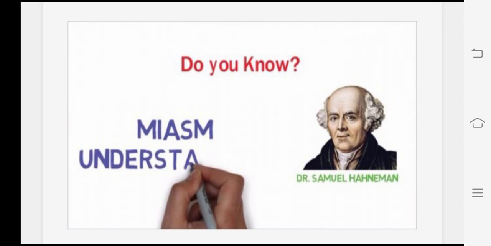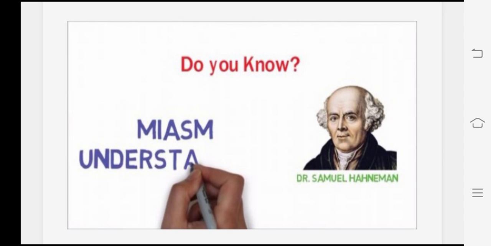So they also give examples of the recurring type of acute miasm and the non-recurring type of acute miasm. The recurring type of acute miasm includes dengue fever, chikungunya, swine flu, cholera, plague, etc. These are the recurring types of miasm. If you once have dengue fever, it can come again after some time in your lifetime.